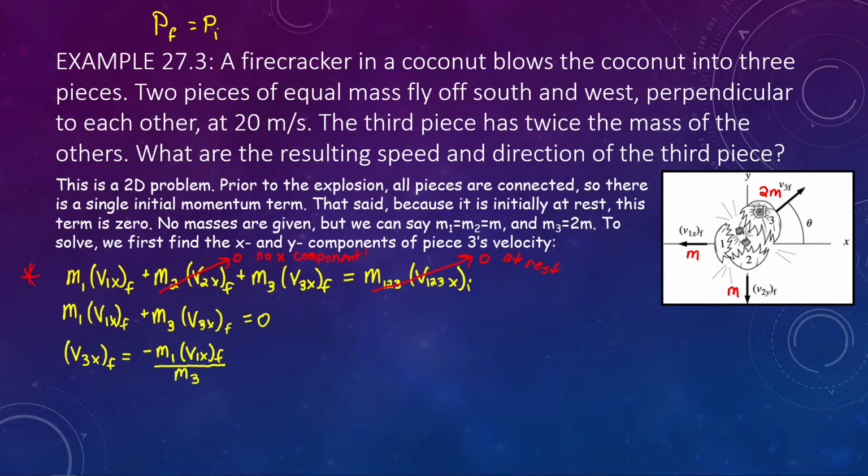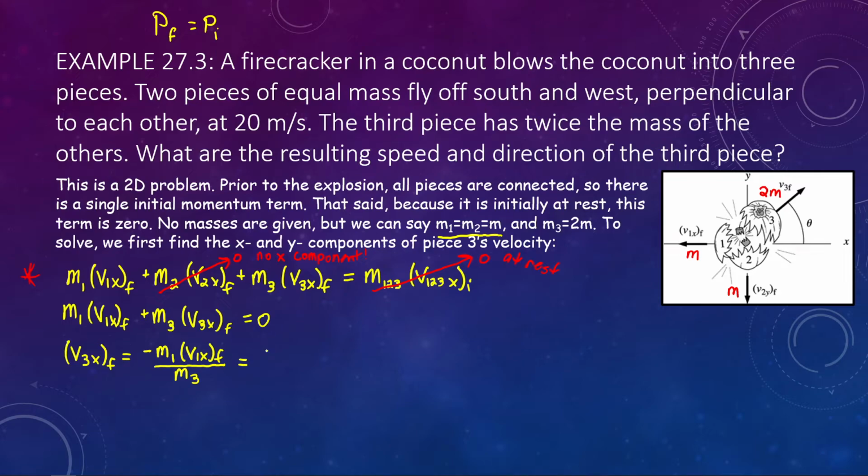Okay. Well, we aren't given how big each mass is. We don't know what m1 or m3 is, but we do know how they compare. Remember, we're saying that they have a mass m, right? m1 and m2 have some unknown mass. We're just going to call it m. So let's plug that in.